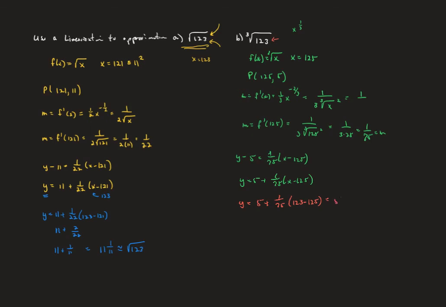So that's going to be 5 plus 1/75 times negative 2. So we're going to get 5 minus 2/75, and hopefully you can see that's 4, and let's see, if I take 2 from 75/75, that's going to be 73/75. That is going to be our approximation to the cube root of 123. Very good.